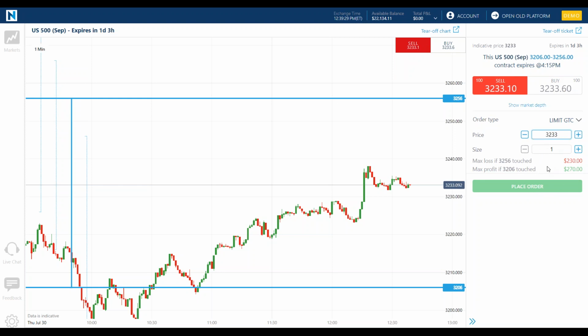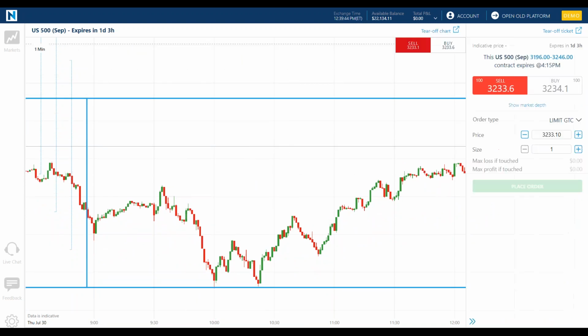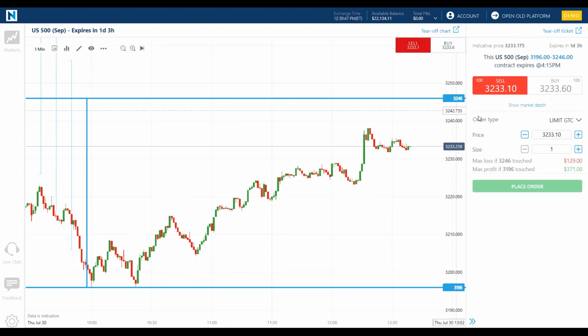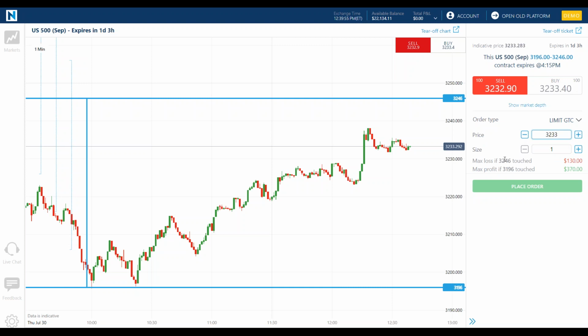Now, if I really thought it was going down, and I didn't want to risk $230 if I'm wrong, I want to get knocked out sooner, I would choose a different contract. It's got a different range. If I sold one here at 32.33, the same price as before, notice that my ceiling has come down to 32.46, and now I'm only risking $130 if I'm wrong.